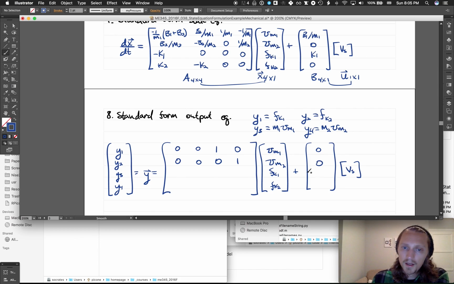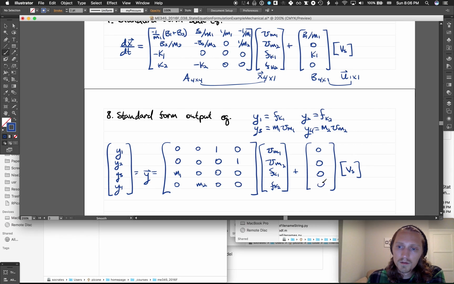So Y3 now is this row. So here's our Y3 equation. M1 times Vm1, and then nothing else, right? Similarly with Y4, 0 Vm1, but M2 times Vm2, 0, 0, and 0.